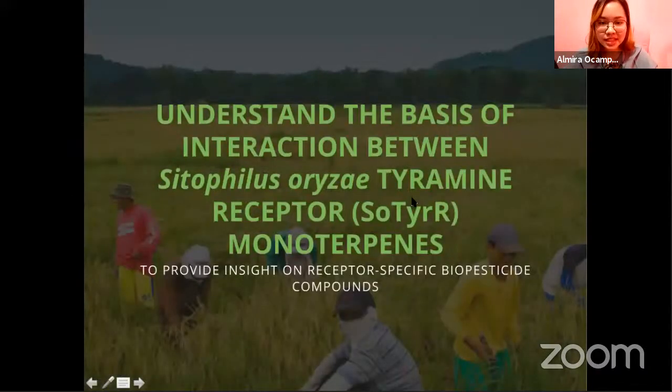Okay, so this leads us to the objective of our study, which is to understand the basis of the monoterpene interaction with insect receptors. Specifically, to understand how the Sitophilus oryzae tyramine receptor and monoterpenes interact through computationally understanding the pharmacological features of these interactions.